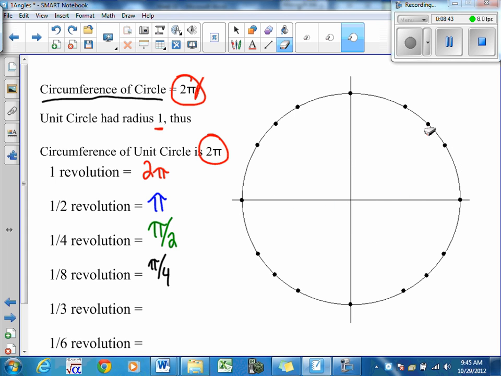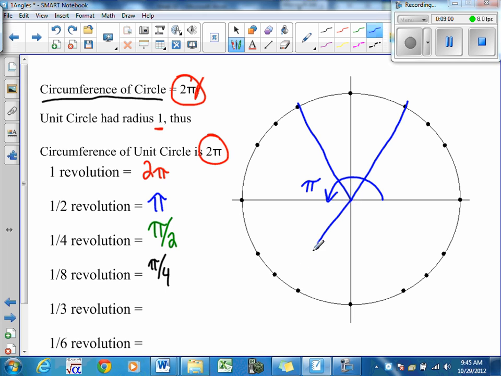Let me erase these. So, this is pi. Let me split that into thirds. So this is our 1/6 of a revolution. So if this is pi, I'm breaking this into 1, 2, 3. So for 6, I get pi over 3.